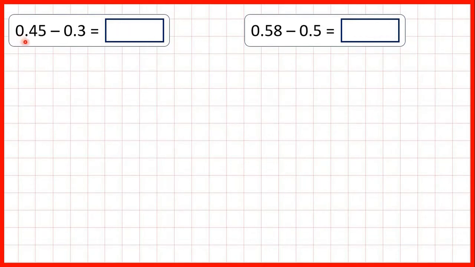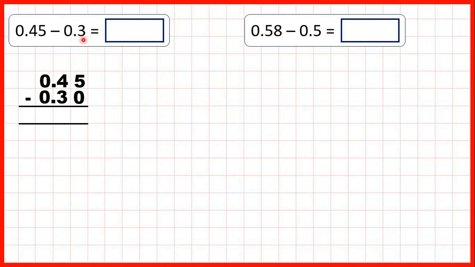Now we have 0.45 minus 0.3. Again, we need to write the numbers out with the decimal points lined up, because if the decimal points are lined up, all the other place values in the question will be lined up as well. Now we can write a 0 in this empty square, because 0.30 is the same as 0.3.